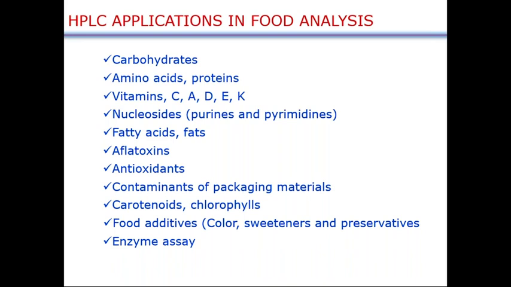These include carbohydrates, amino acids, proteins, sugars, vitamins, nucleotides and nucleosides, fatty acids, aflatoxins, antioxidants, contaminants, pigments, food additives, as well as they are used in enzyme assay. So this is just a small list of what can be done in food analysis.